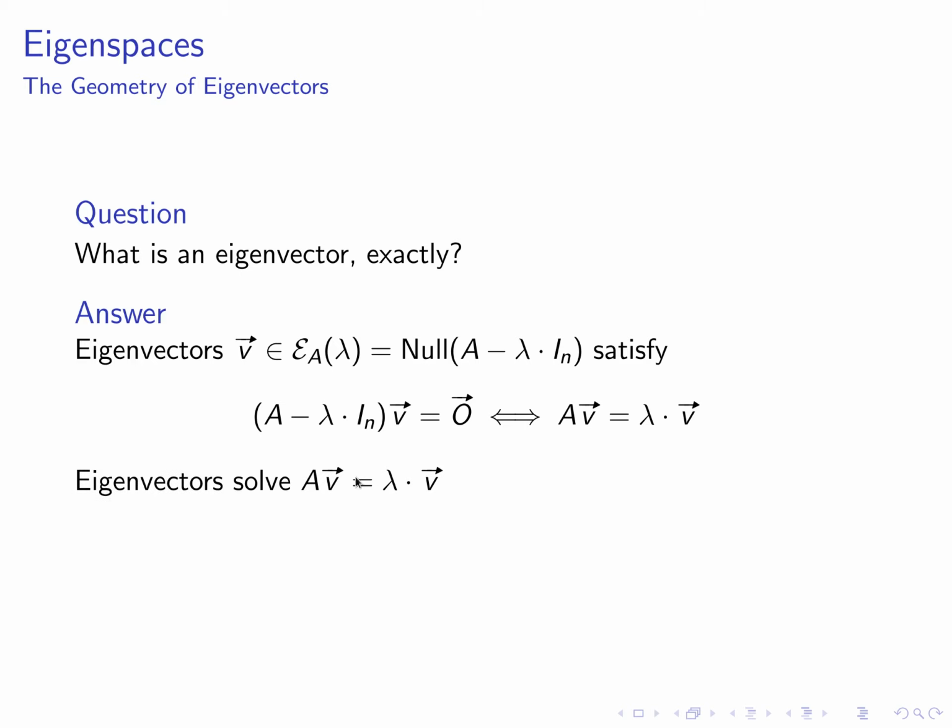So the punchline is that eigenvectors are vectors that solve the equation A times V equals lambda times V, where lambda is an eigenvalue of the matrix.